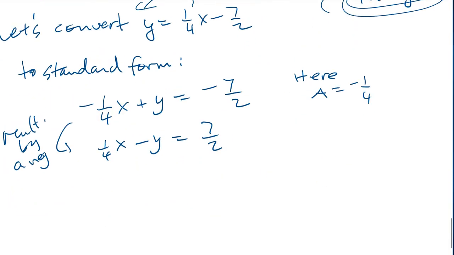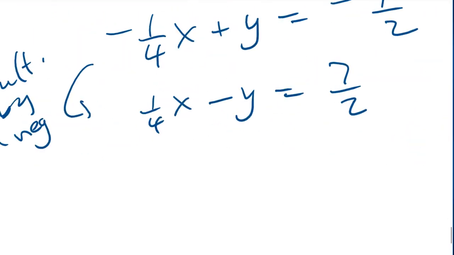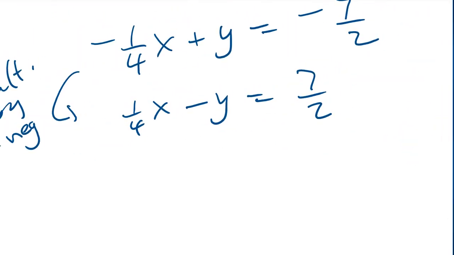Now it needs to be an integer, and it's not. So if we multiply 1/4 times 4 over 1, we get 4 over 4, because you multiply straight across, and we get 1. So this is an integer. So what I'm going to do is multiply by the denominator everywhere. So 4 times everything. Let me rewrite it.